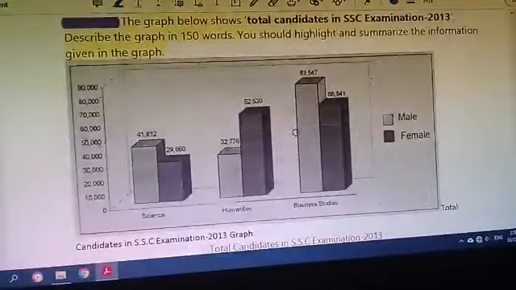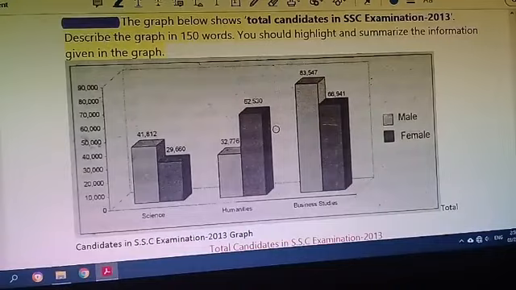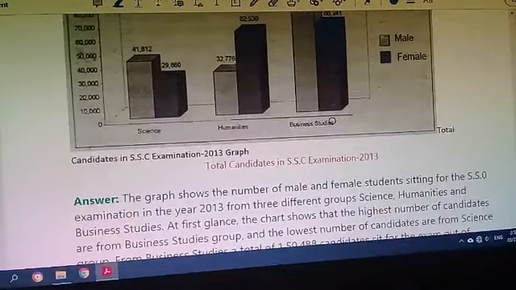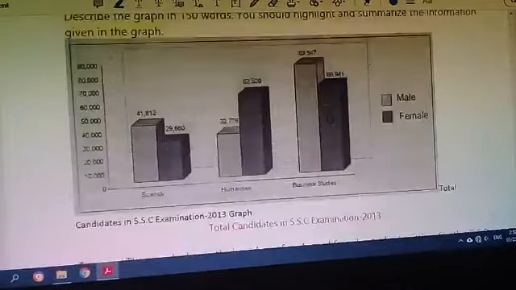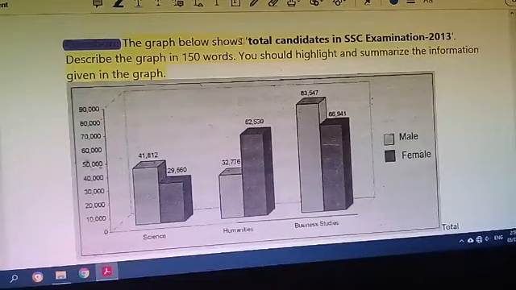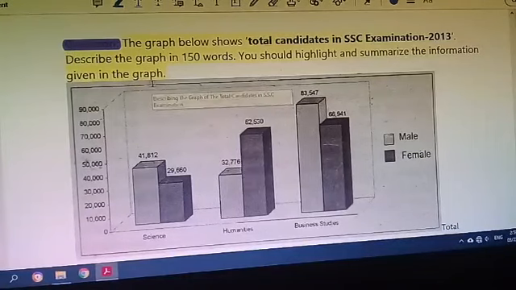It is another one which was given in your exam, and it came in the 2013 exam. You can see here the graph below shows total candidates in ACC examination 2013. Describe the graph in 150 words. You should highlight and summarize the information given in the graph.